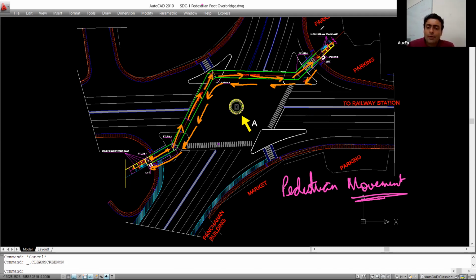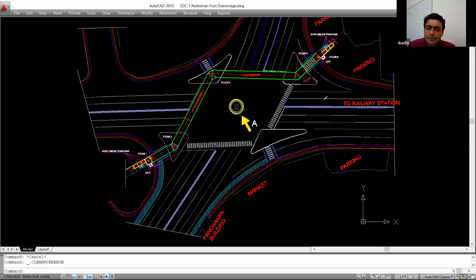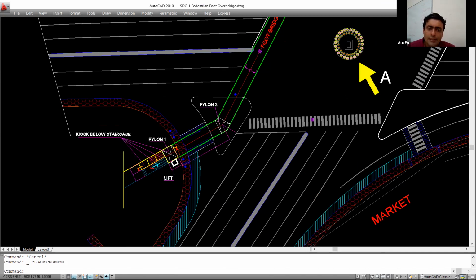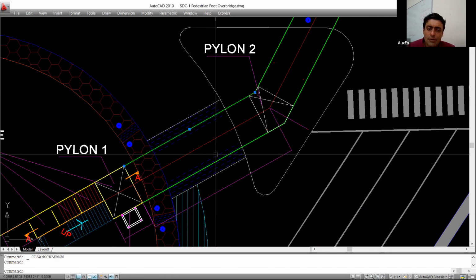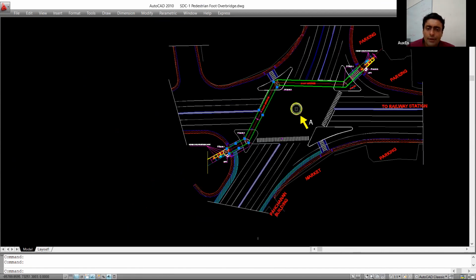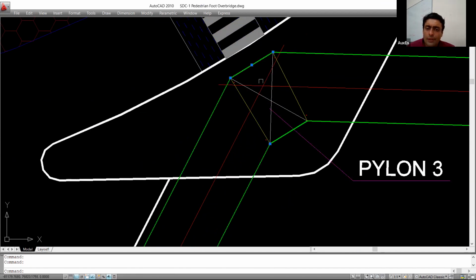Okay, so are you able to imagine this, everyone? This was the pedestrian bridge that was proposed, and this was the alignment that they proposed. I'll just zoom into this. The green lines that you see are the pedestrian bridge line. So this line, then this line.